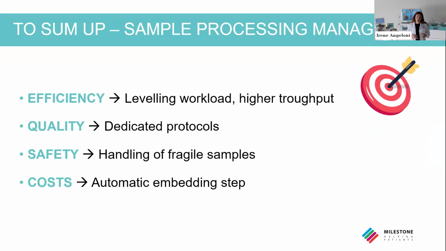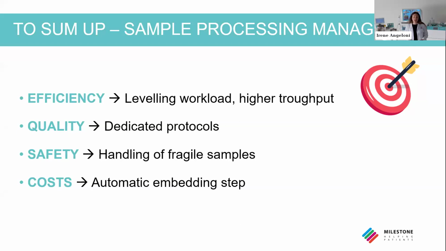Regarding automation, we will see also later the automatic tracking system. Later in the webinar, we will see also this part. Now, I would like to sum up a little bit the first key factor, that is sample processing management. We have seen that regarding efficiency, thanks to the lean workflow, we are able to level the workload and have a higher throughput.